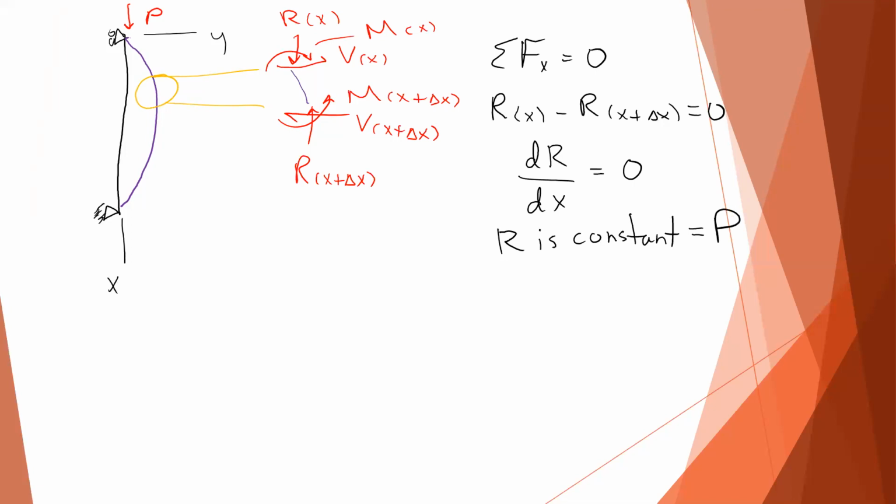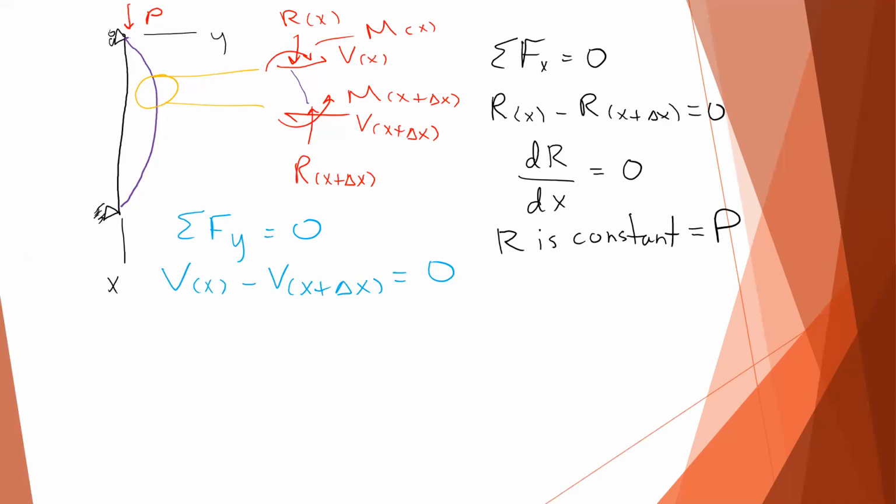Okay, so the next thing we can do is look at the sum of the forces in the y direction. The sum of the forces in the y direction must be 0. So that's now the horizontal direction. So we have V at x minus V at x plus delta x equal to 0.